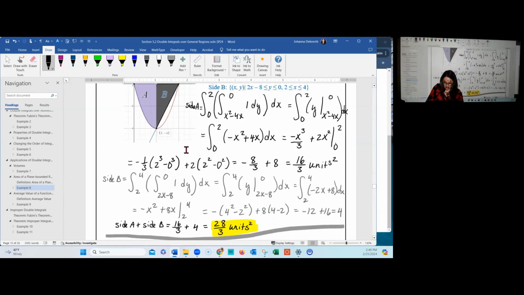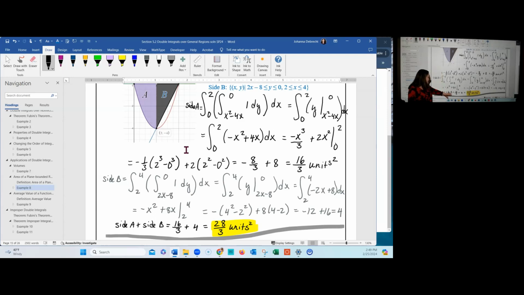Because the 0 is the upper, this gives us negative 2x plus 8. When we integrate that, we get negative x squared plus 8x, evaluated from 2 to 4, which gives us 4 after simplification. That means that the area in region B is 4, which upon inspection, we probably could have figured out using a right triangle.